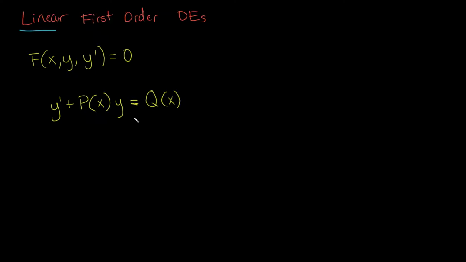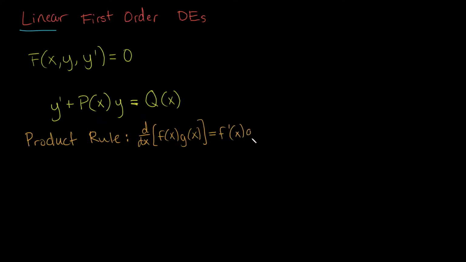If we recall back to the product rule from differential calculus, the product rule states that if you take the derivative of some function of x times some other function of x, this is going to equal the derivative of the first function times the second function plus the first function unchanged times the derivative of the second function. This is the product rule.